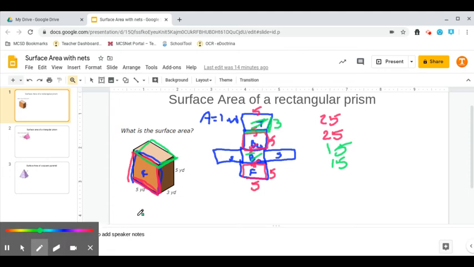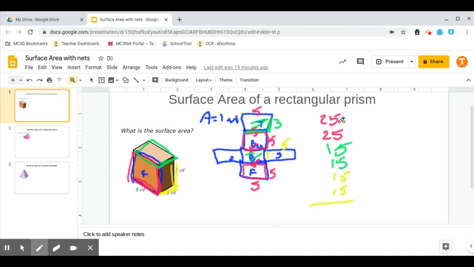Okay, the final thing is our sides. If we look at our sides, we get a third color here, yellow. We have a side here, which is 3 by 5. Okay, we knew this was 3. This has to be 5. So 3 times 5 is 15. So this is also 15.